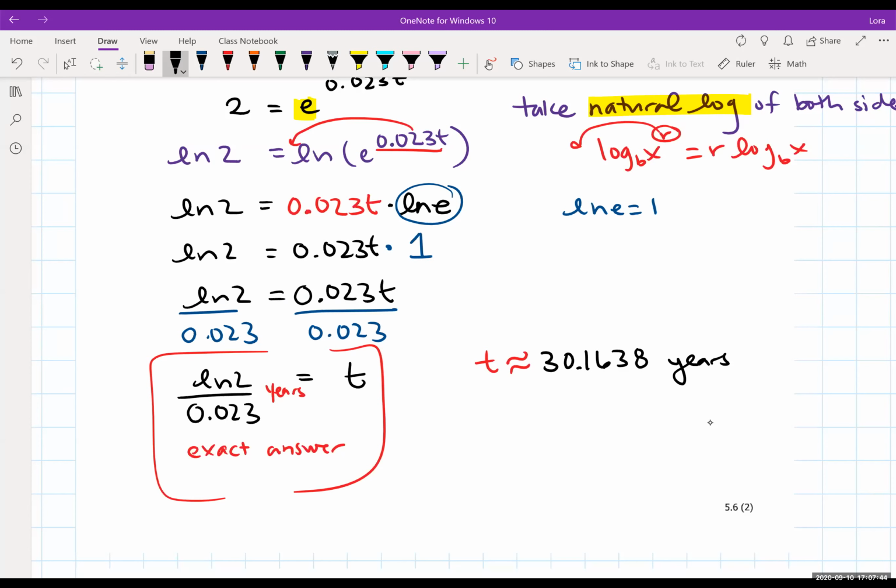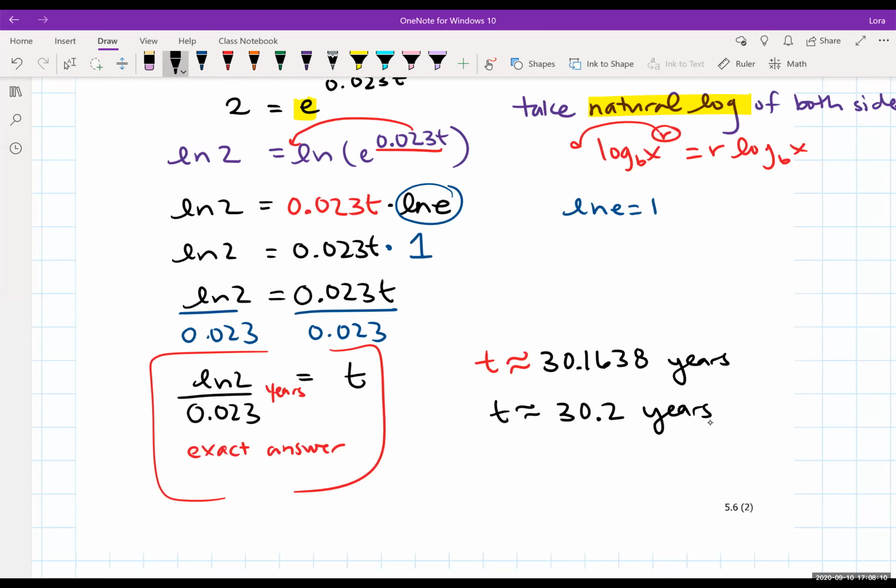And you don't really have to be too precise unless people are asking you to round to specific decimals. In this particular course, you could go further and just say, as long as you know it's not just an exact 30 years, maybe 30.2 years would be appropriate. However, in some of your future math classes, maybe you're going to use this t value for something else.